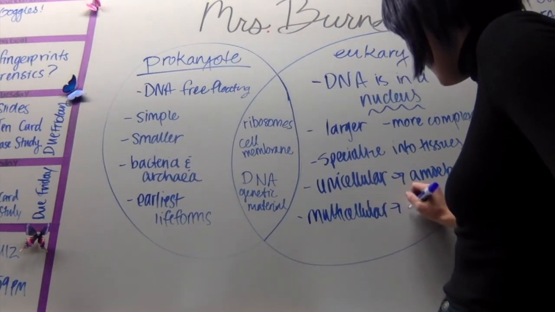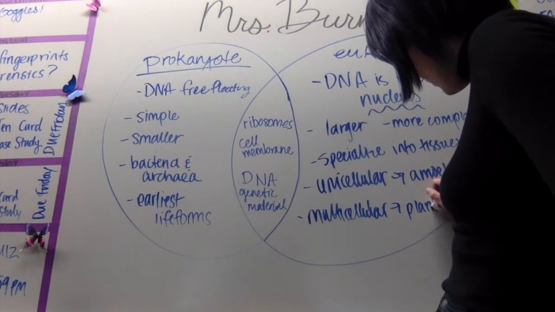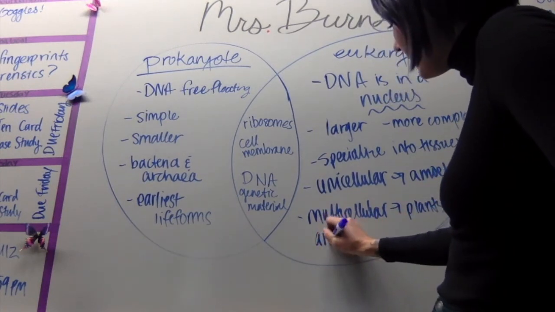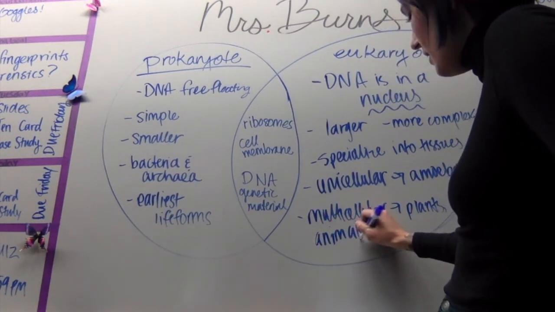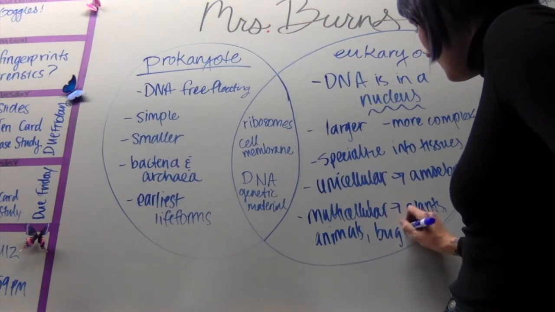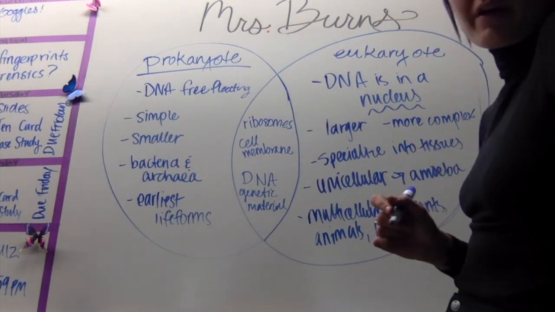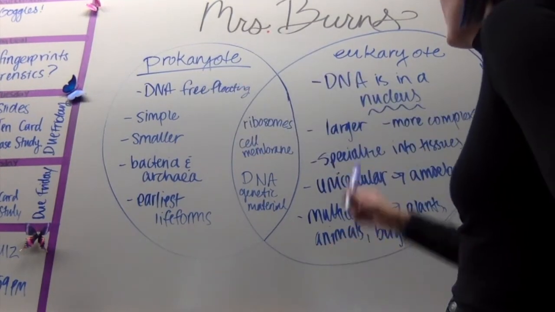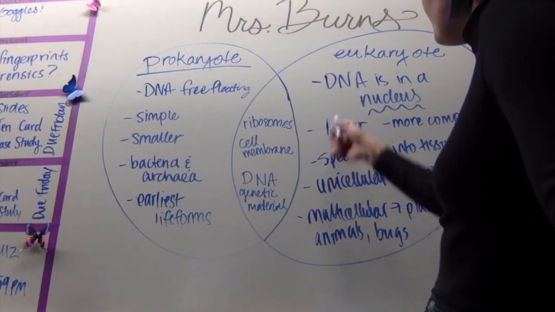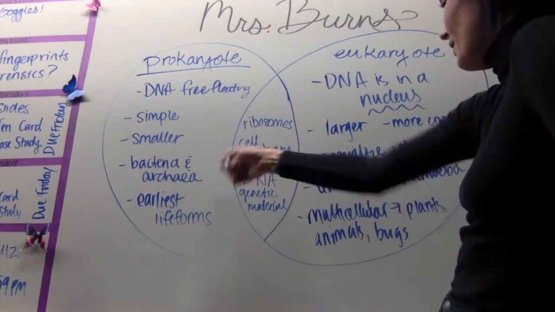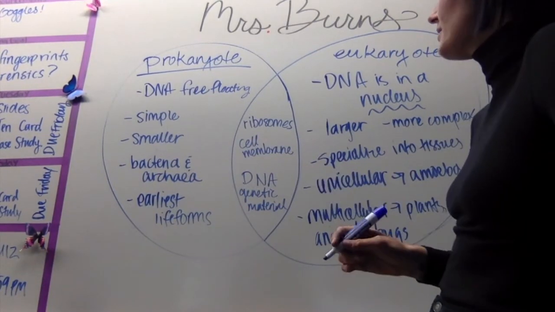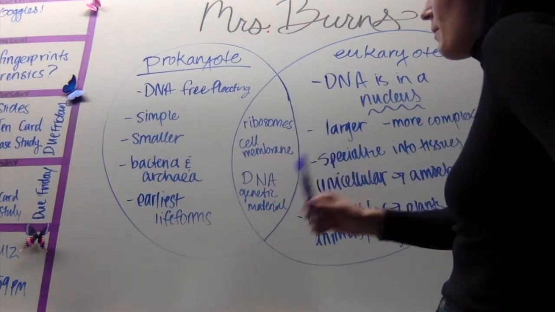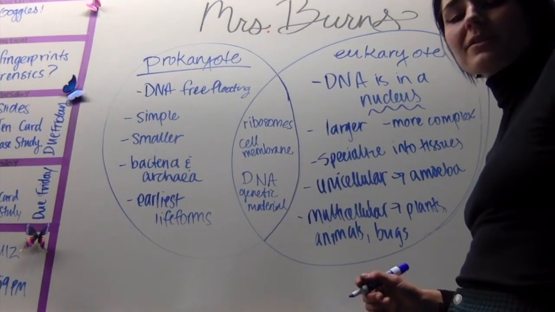Multicellular, so that would be like plants, animals, humans, bugs, anything that has multiple cells. So that's eukaryotes. Prokaryotes, DNA free-floating. Eukaryotes, DNA in a nucleus. They all have other fun things about them, but the main three things they have in common: ribosomes, cell membrane, and DNA as their genetic material.